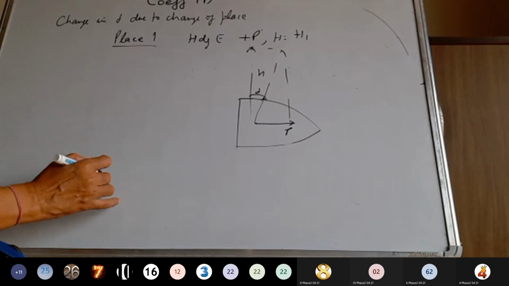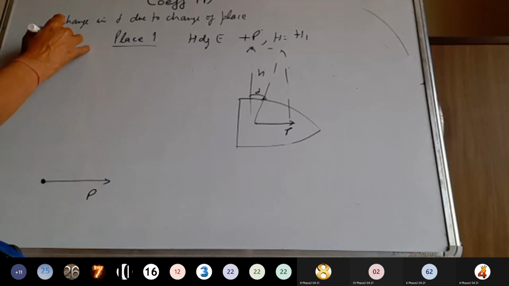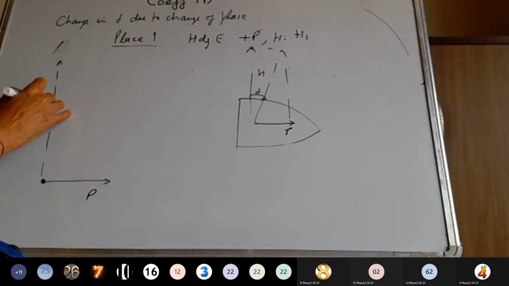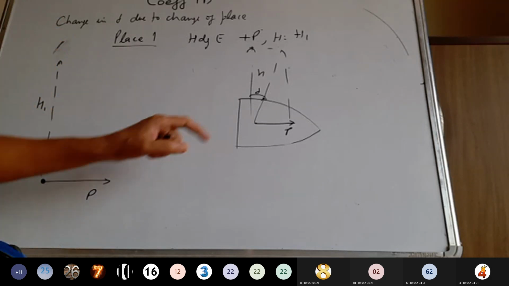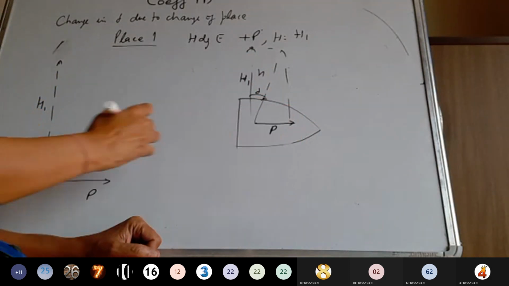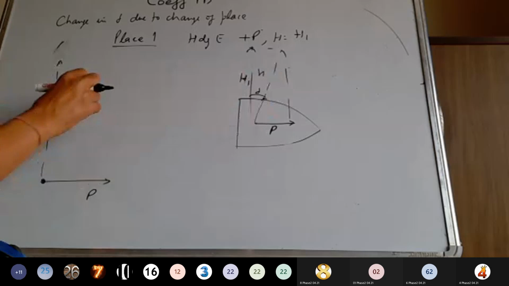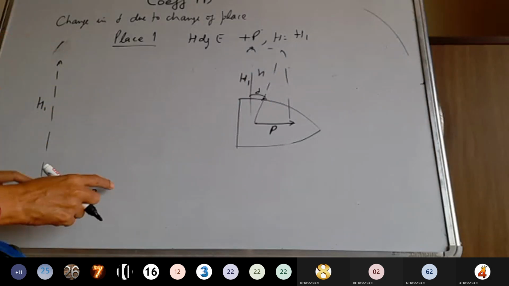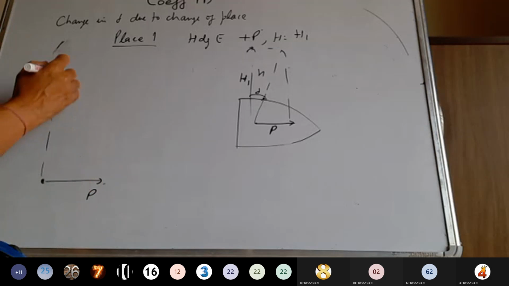This is force P and this is the value of H1. This vector is H1 and this vector is P.